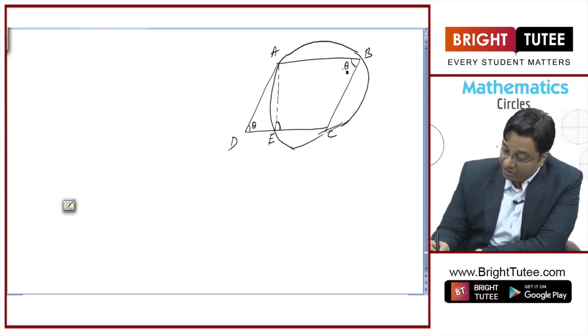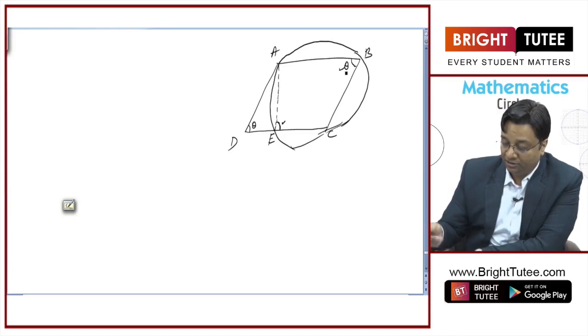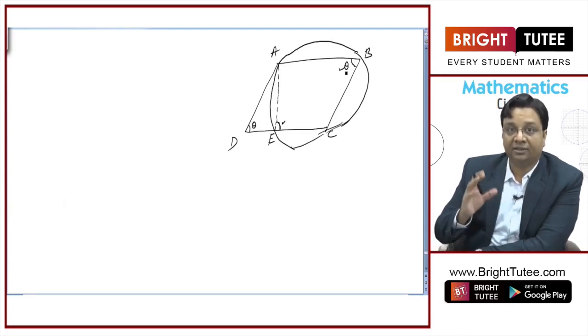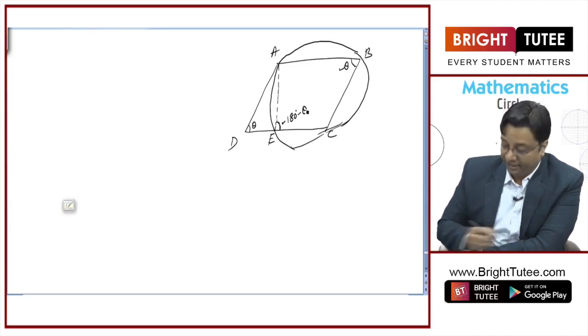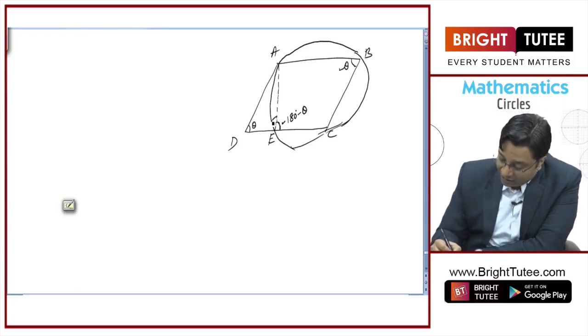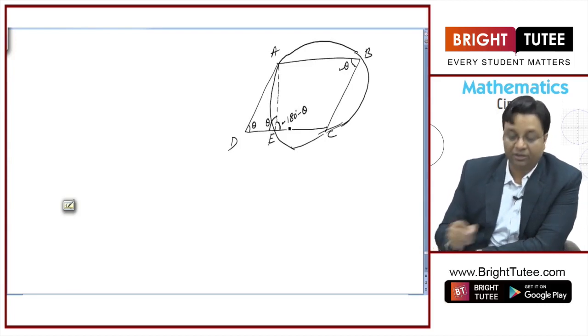Why? Because if this angle is theta, this angle is supplementary to this, because ABCE is a cyclic quadrilateral, so this angle will become 180 minus theta, right? And if it is 180 minus theta, what will be this angle? This angle will again become theta, because it is a linear pair to this angle.